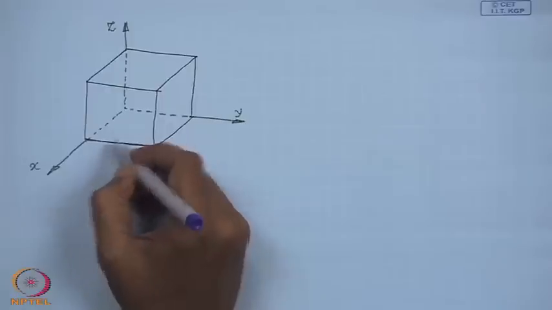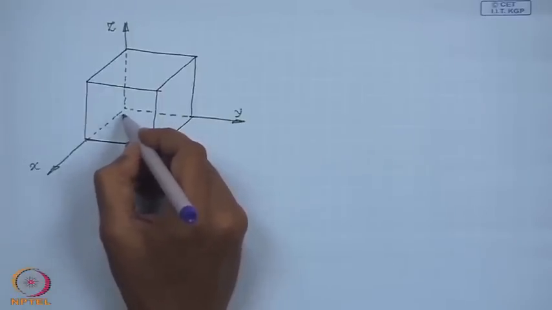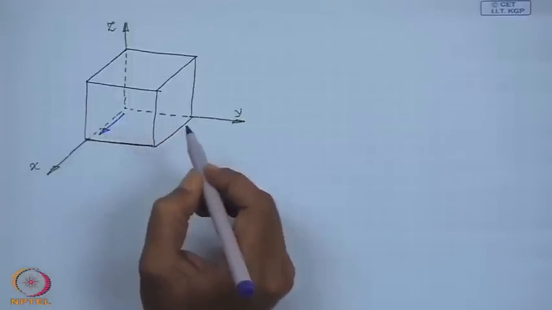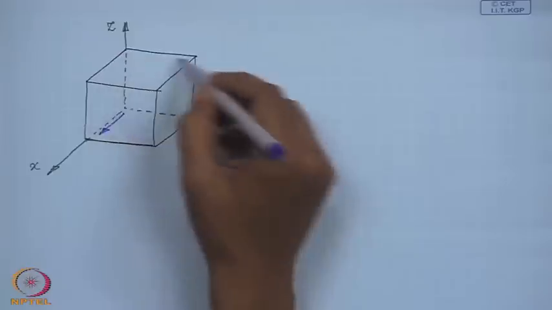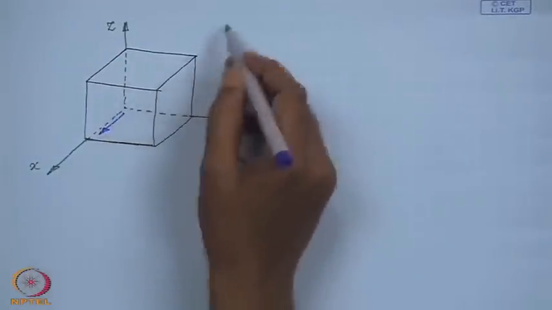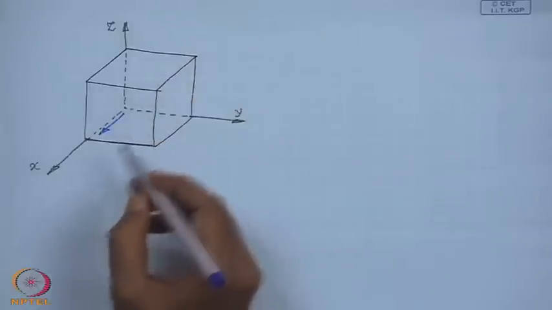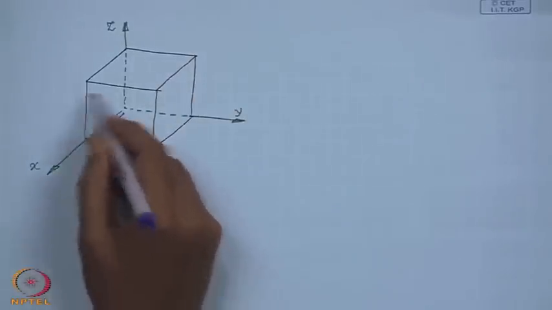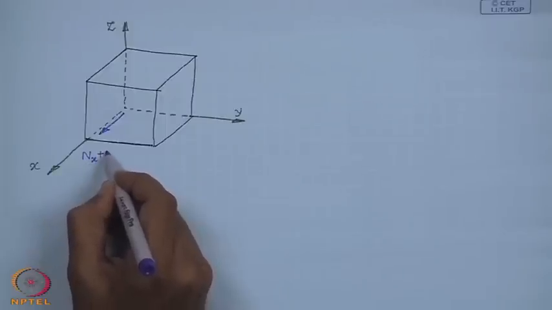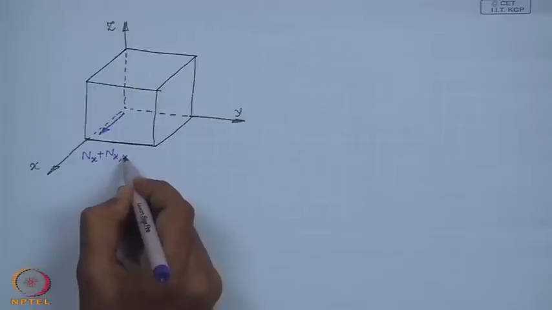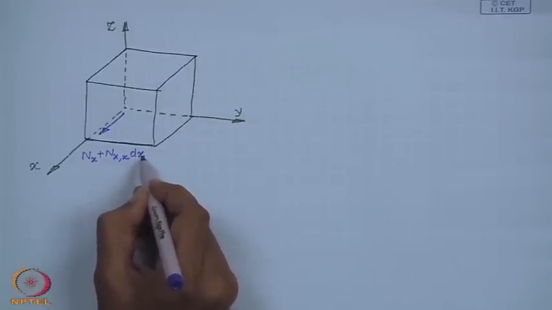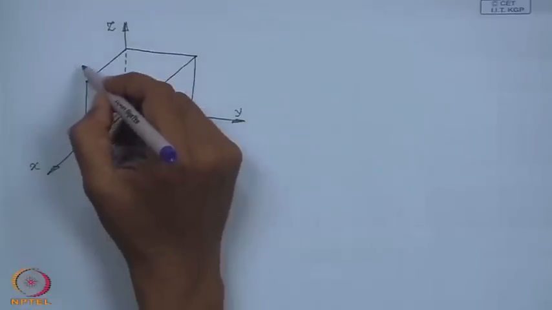On this face at x equal to 0, you have n x along the negative x direction, and on this face you have n x plus n x derivative with respect to x dx. This length is dx.